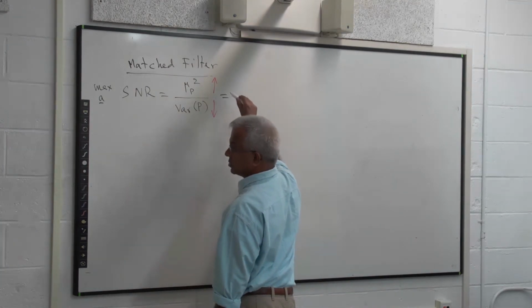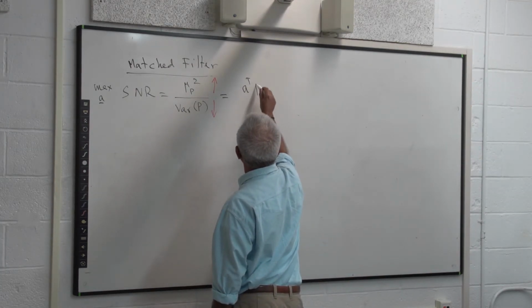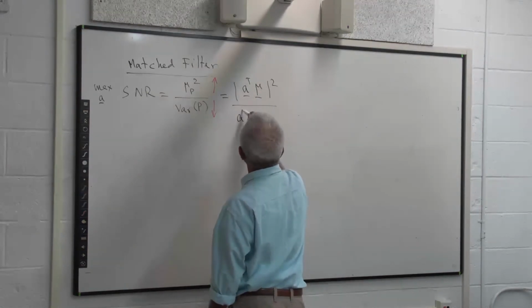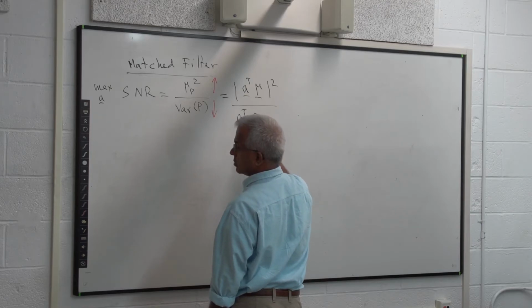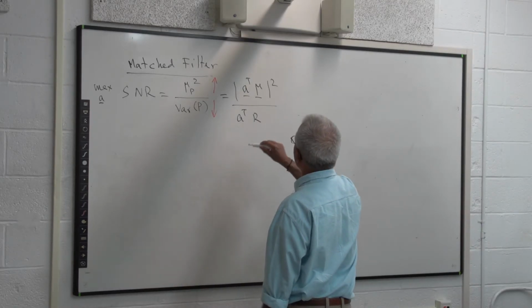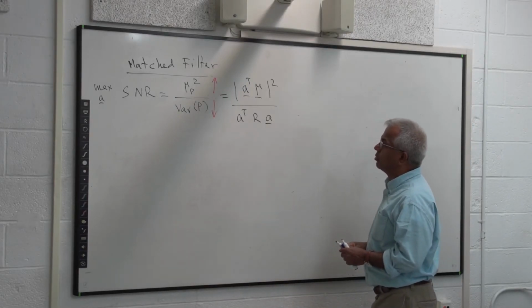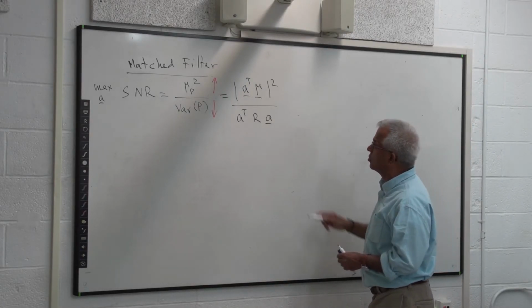So mu p is A transpose mu over A transpose R A. So this is a standard problem, where maximization is on A.